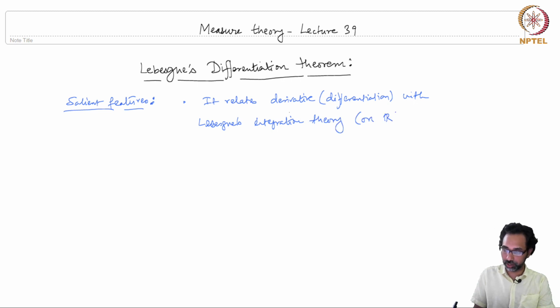So on R^d, now we are back to Euclidean space. And secondly, it generalizes the first fundamental theorem of calculus.